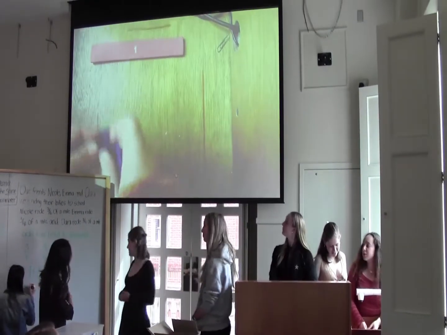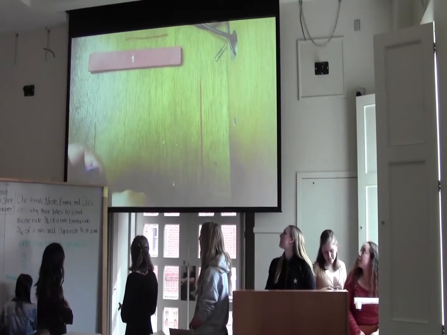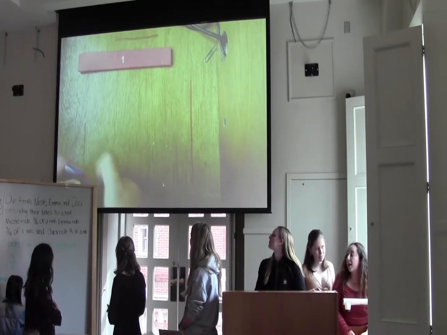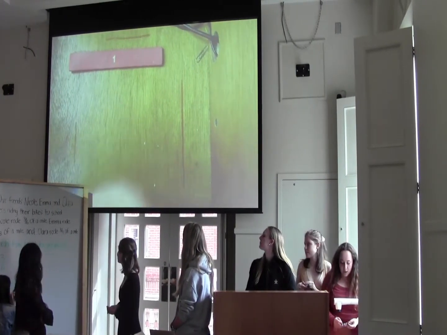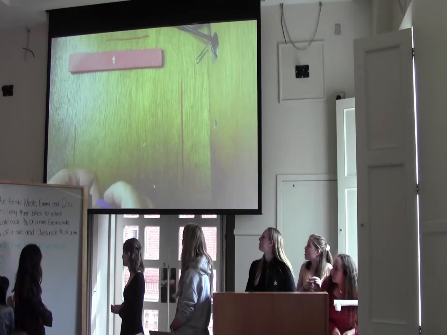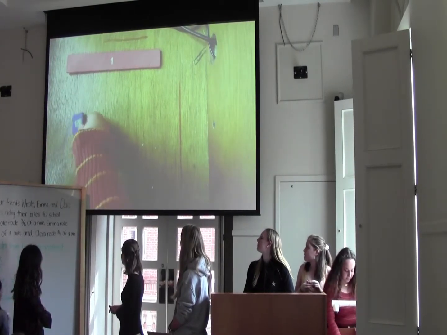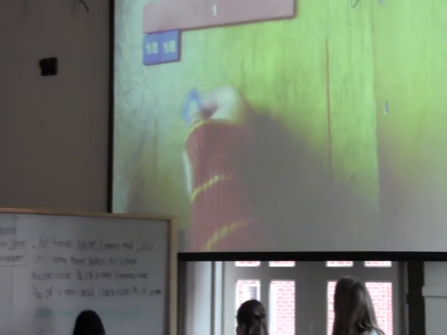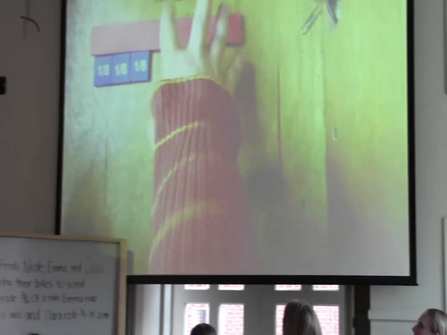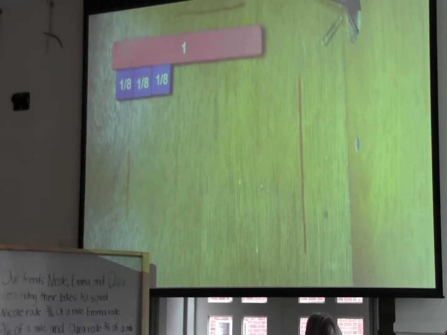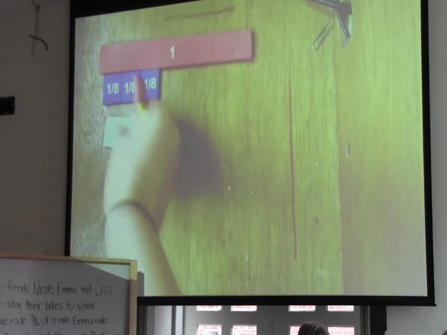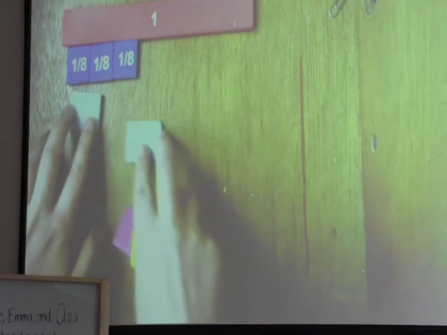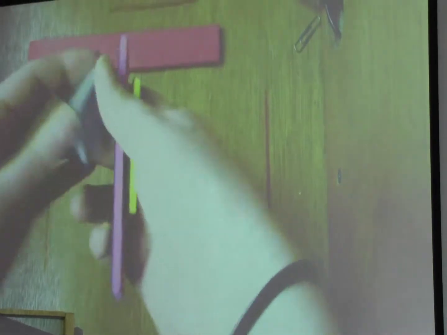Okay, so we decided to put this one down so we could remember what an entire mile looks like, so we don't get confused. And then we know that Emma went 3/8 of a mile, so that's 1, 2, 3. Nicole went 3/6 of a mile.